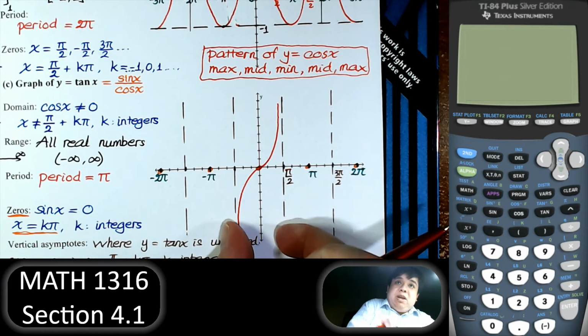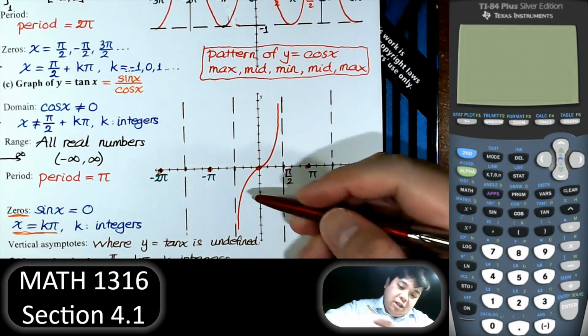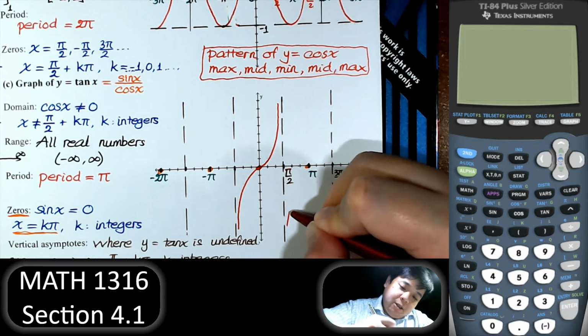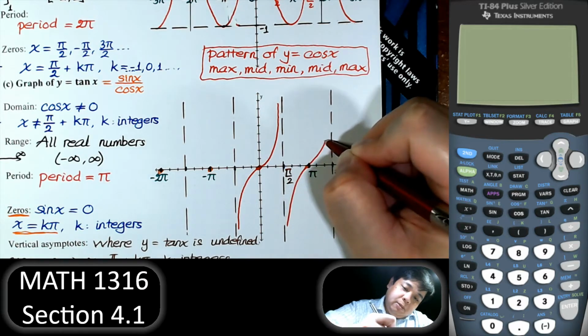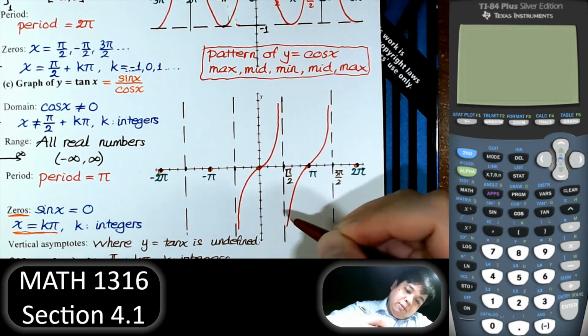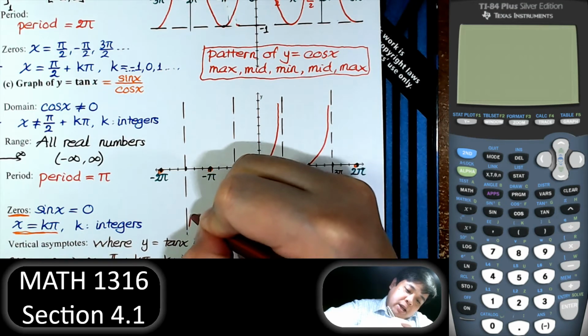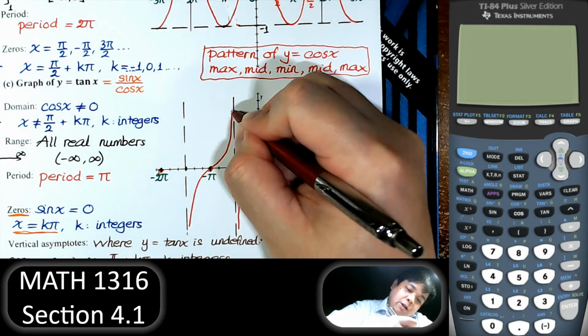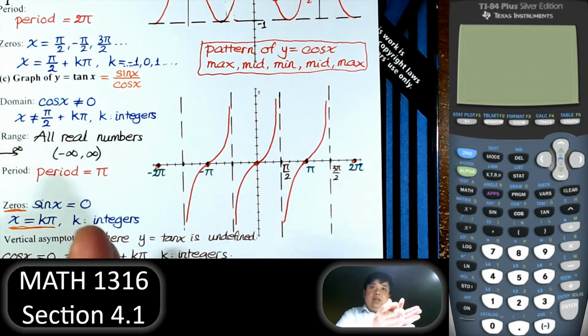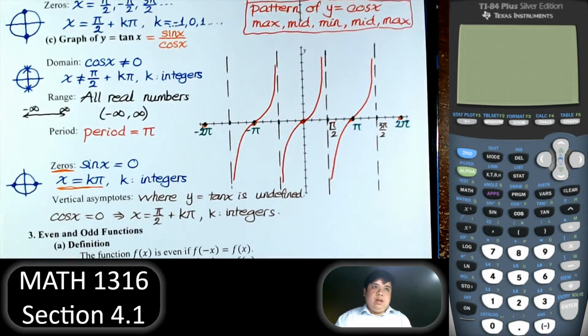So this is the pattern, and this is one period. I will just copy and paste it for all the periods, and each period is between the asymptotes.